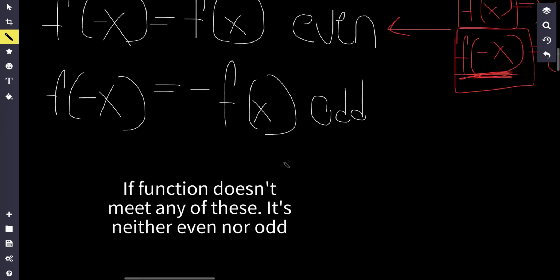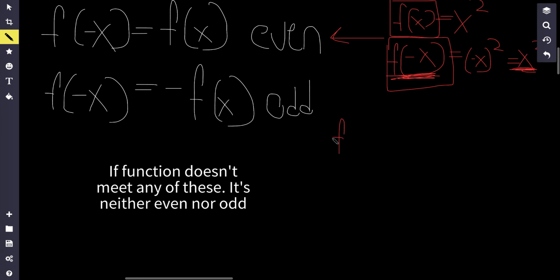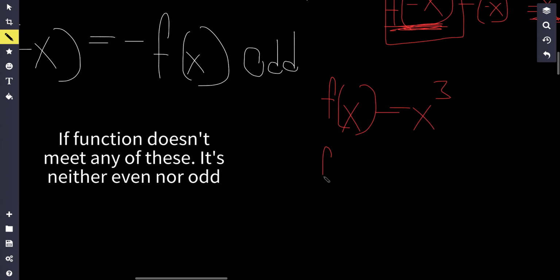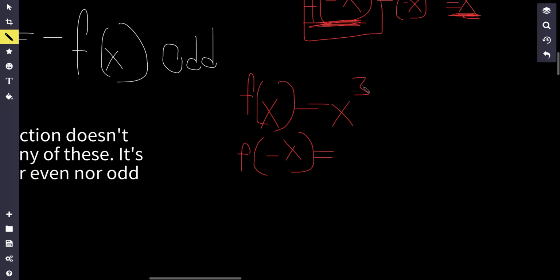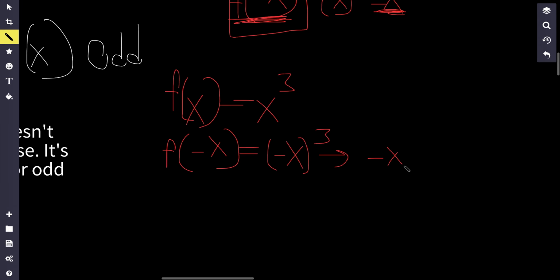Now for odd functions, f of negative x is equal to negative f of x. An example of this is going to be x to the third power. If you plug in negative x into x to the third power, you're going to get negative x to the third power, which is just equal to negative x to the third power.